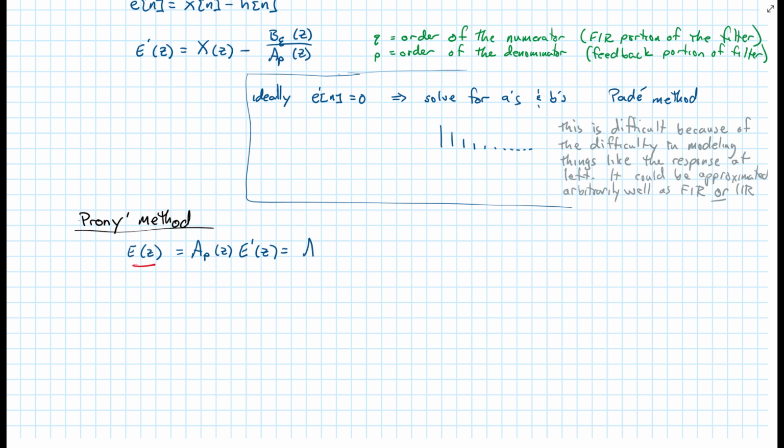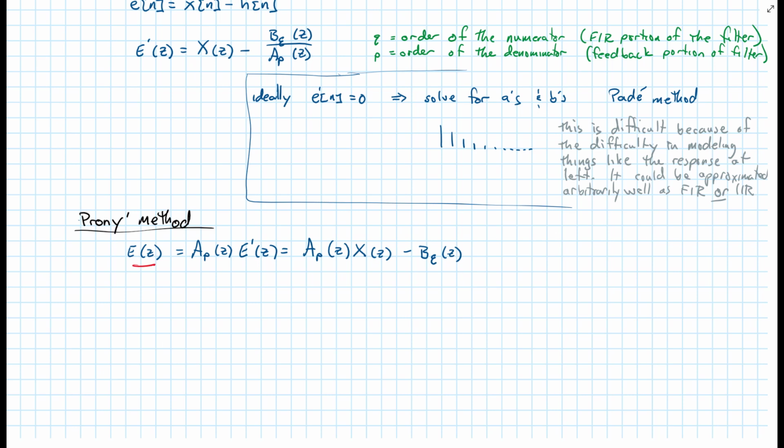So that's essentially now A of z, our feedback polynomial. But now we're multiplying by it instead of dividing, so that turns the IIR filter defined by our A coefficients into an FIR filter. And then we subtract B_Q of z. And we can see that if E prime of z was equal to 0, this will be equal to 0 as well. So it's a reasonable approach to take.